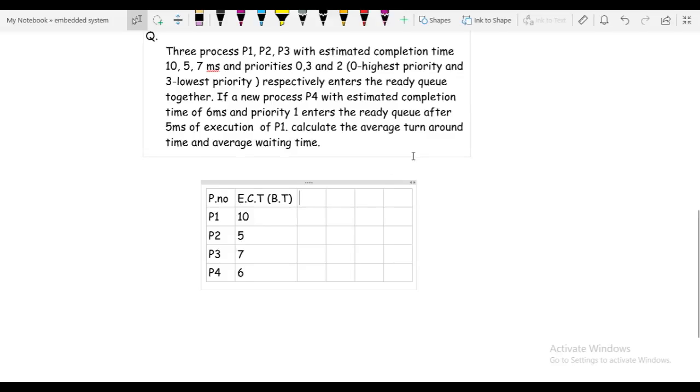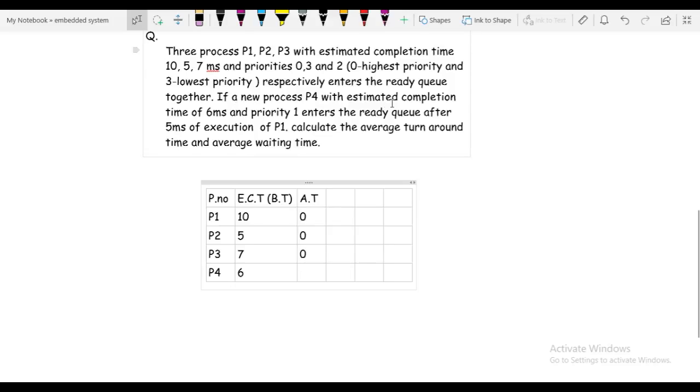Okay, what is the arrival time? Arrival time is which process arrived when, right? So read the question again. 3 processes P1, P2, P3 with estimated completion times 10, 5 and 7 milliseconds with priorities respectively enter the ready queue together. These 3 processes enter the ready queue together. That is, the arrival time of these 3 processes would be 0, 0 and 0.